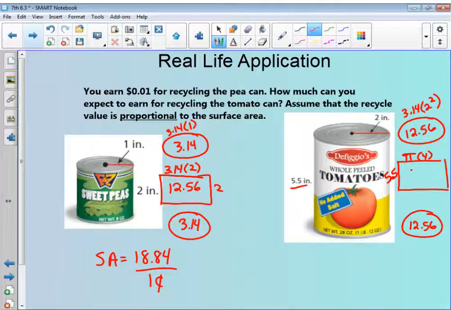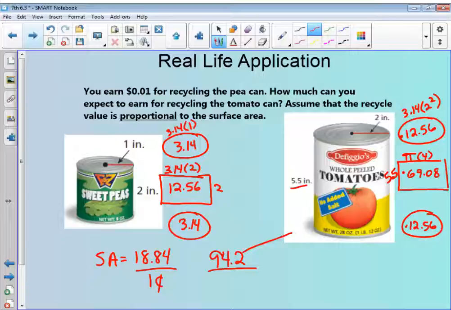So the area of this is 69.08. I'm now going to add all of these together. So plus 12.56 plus 12.56. So my surface area on this tomato can is 94.2.